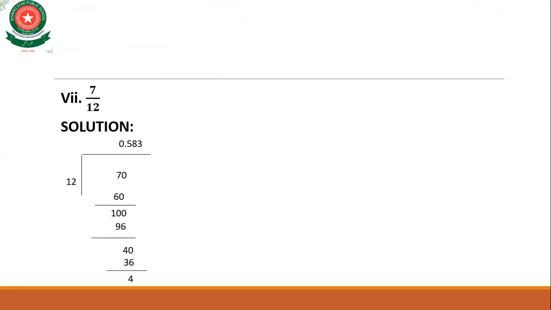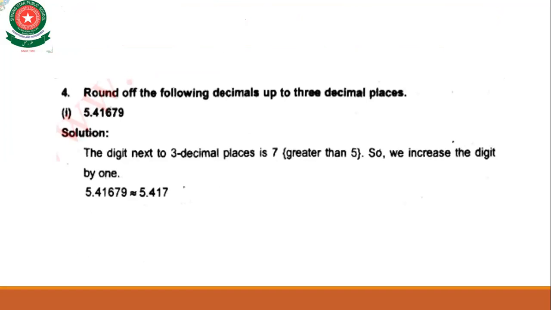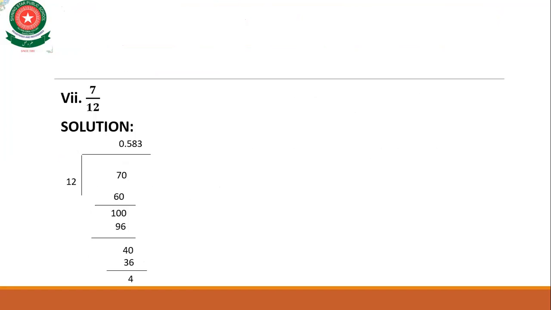Okay. Now, last part of today's topic. Part number 7, which is 7 by 12. The solution is, first of all, we have to put 7 inside the square root and 12 outside the square root.